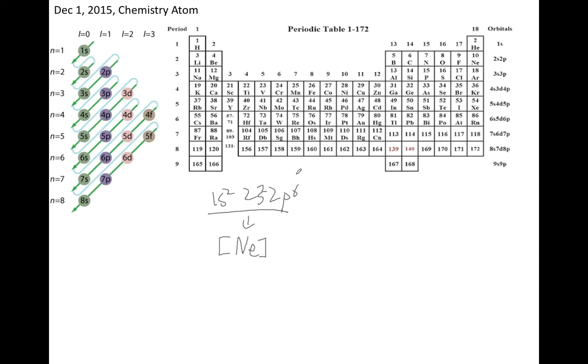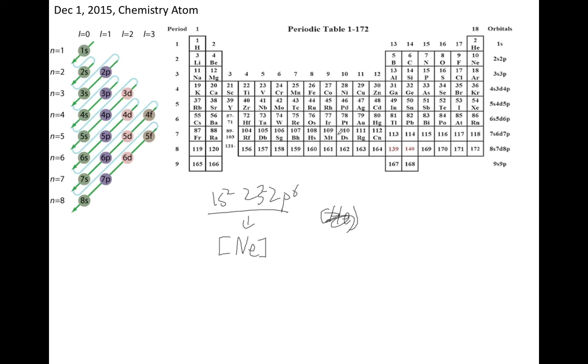Now, we don't have to use neon. We can use helium, for example, if we're doing a configuration for lithium. If you're doing francium, you can also use helium, and then everything else. But it's not going to be convenient, right?